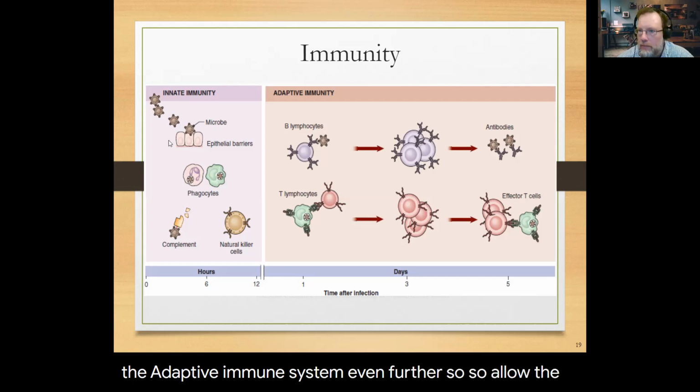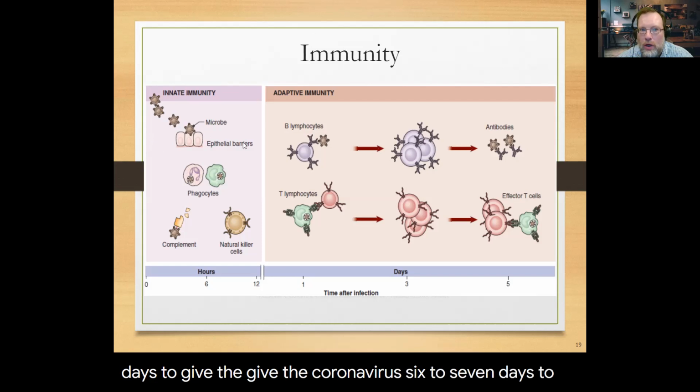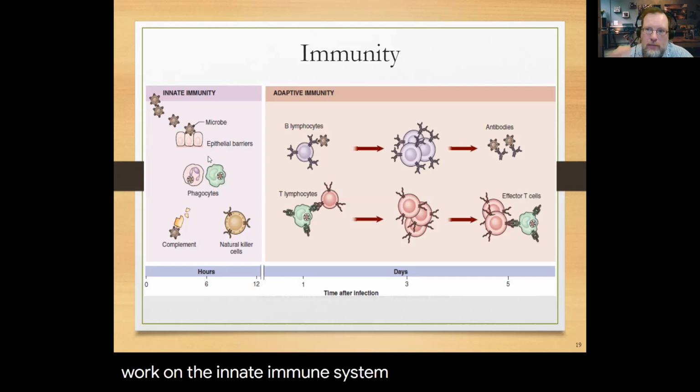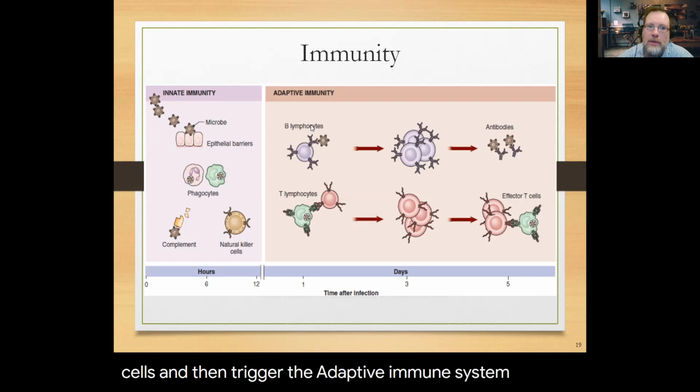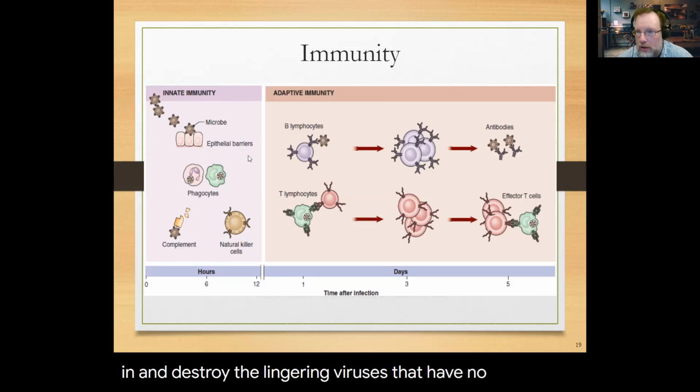Allow the innate immune system to give the coronavirus 6 to 7 days to work on it and destroy the target cells, and then trigger the adaptive immune system to come in and destroy the lingering viruses that have no more target cells.